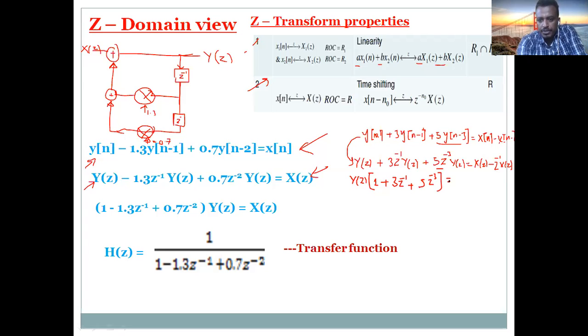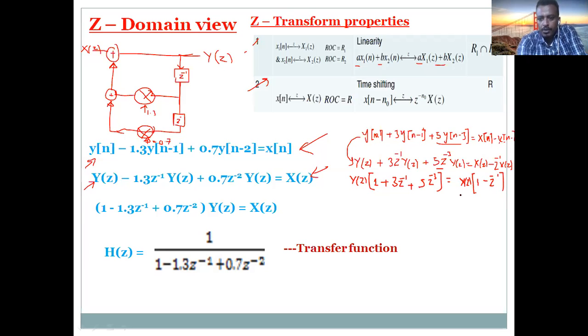And similarly on this side, if you take x of z common, what do you get? 1 minus z to the power of minus 1.